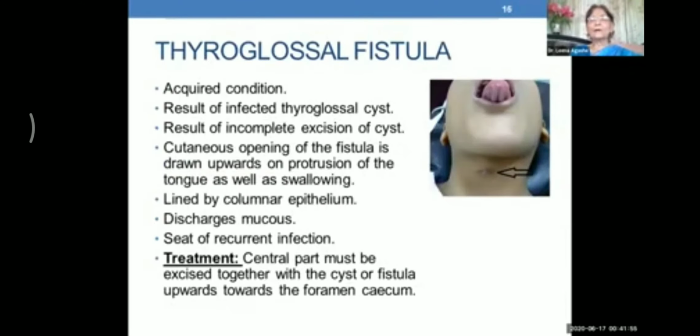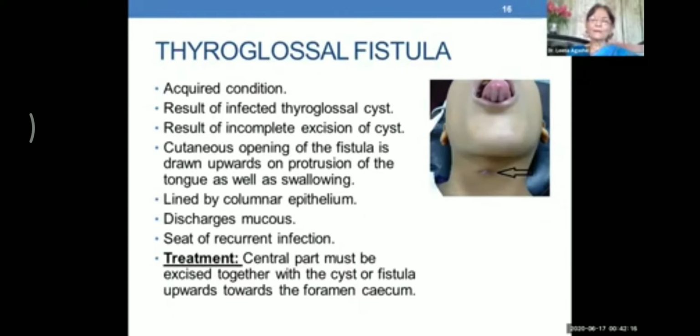Let us come to another anomaly or lesion of the thyroid, that is thyroglossal fistula. It is always an acquired condition, as I have already told you that it can result from an incision of the infected thyroglossal cyst mistaken for a thyroid abscess.